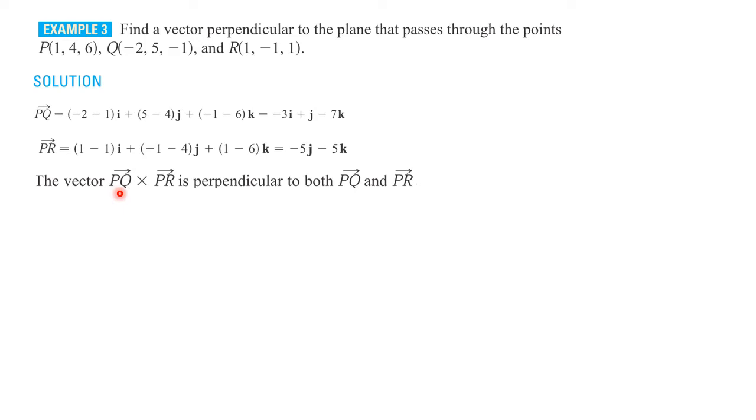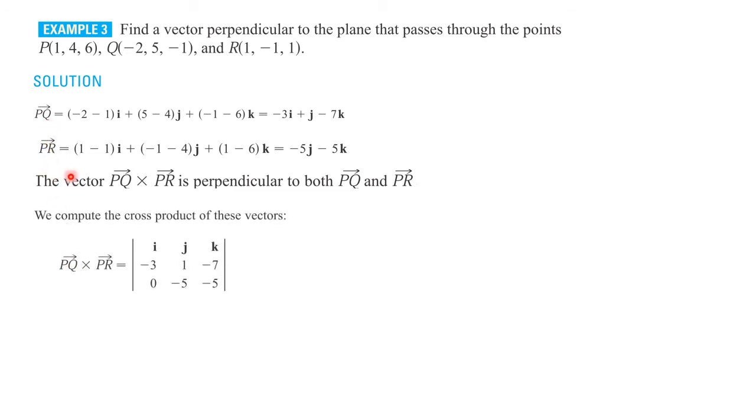Now the vector PQ cross PR is perpendicular to both PQ and PR by definition of the cross product. So we find PQ cross PR. First row i, j, k, second row minus 3, 1, minus 7, third row 0, minus 5 and minus 5.